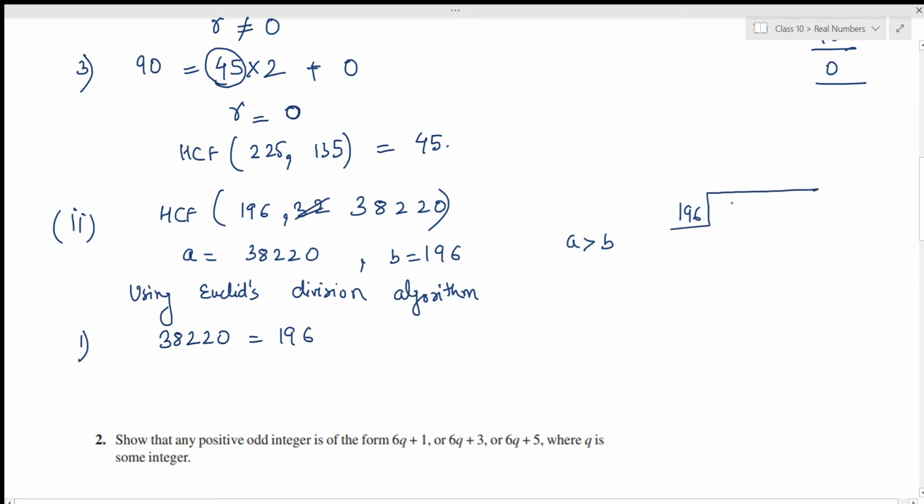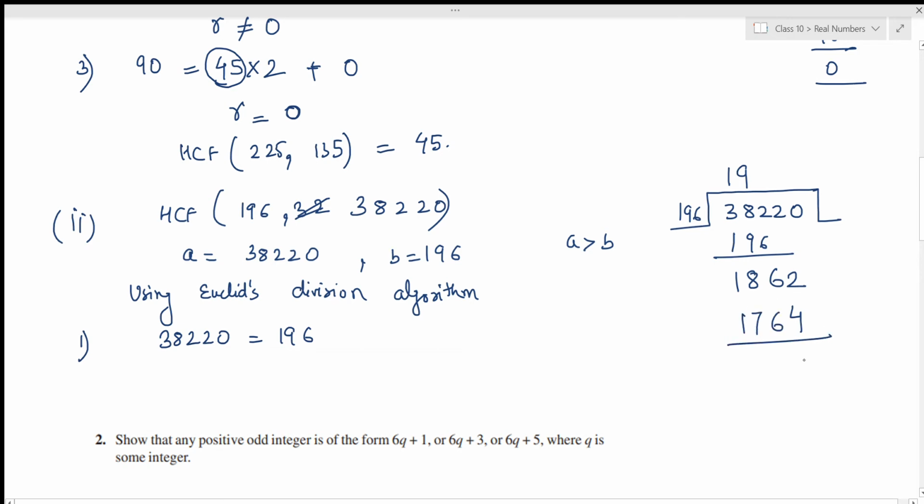196 is the divisor and this is the dividend. So we'll go by 1 again. 196, you subtract. What is 17 minus 9? 8. It will go by 9. 9 sixes are 54, 5 carry over. 9 nines are 81 plus 5, 86, and 8 and 1 is 7.